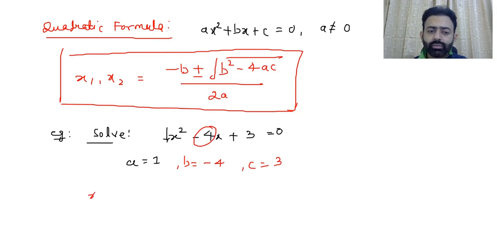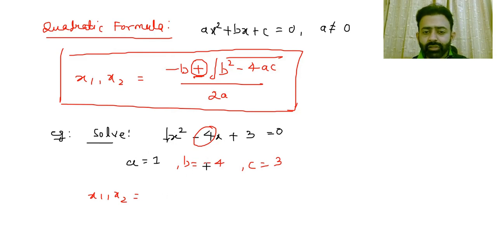So using the quadratic formula, x1 comma x2, why I am saying x1 comma x2, because there can be 2 roots depending upon whether the roots exist or not. And if real roots exist, one root will be minus b plus and the second root will be minus b minus. Okay, so this is a combined formula, the only difference between the 2 roots is this plus and minus sign, right? That's why I have written it in a single formula x1 comma x2, right?